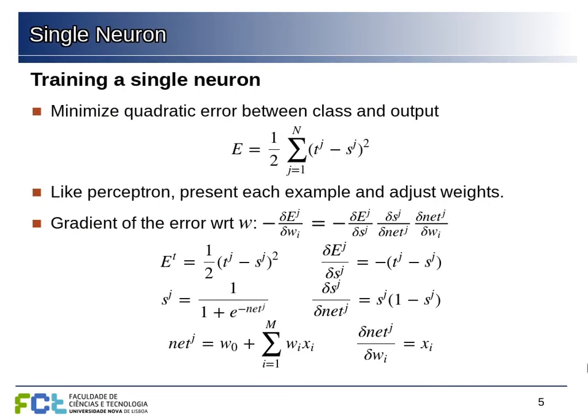So let's suppose that we have a single neuron and we have this loss function. This is a very simple loss function. It's not a good loss function for classification, but we're going to ignore that for now. And this is basically the output of the activation function of the neuron and the target value that we have for each particular example, j. We're going to compute the difference, square that, and average over all the examples that we are presenting to the net.